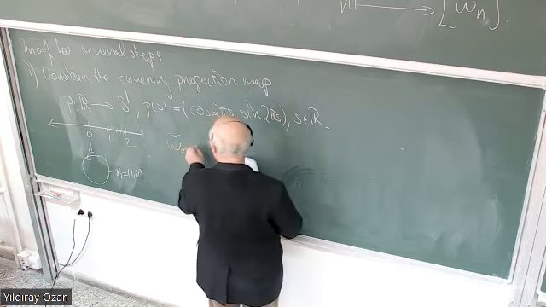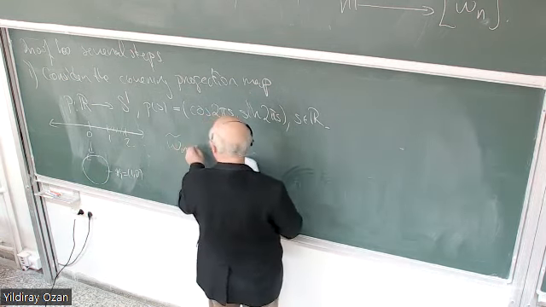So what it does, it just sends the interval 0, 1 to the interval 0, n, right? So we have something like this. The interval 0, 1 is mapped to S1 via Wn, and here we have the real line, and we have the projection P, and we have this map Wn tilde, and this diagram is commutative, right?